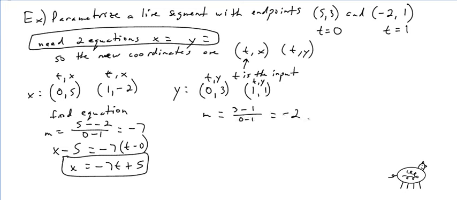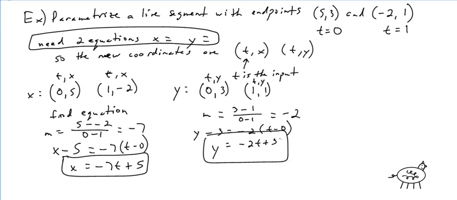So my slope is -2. Put it in point slope form: y minus 3 equals -2 times t minus 0. I don't really need to distribute, but I move that 3 over, and I get y equals -2t plus 3. That is your other equation.